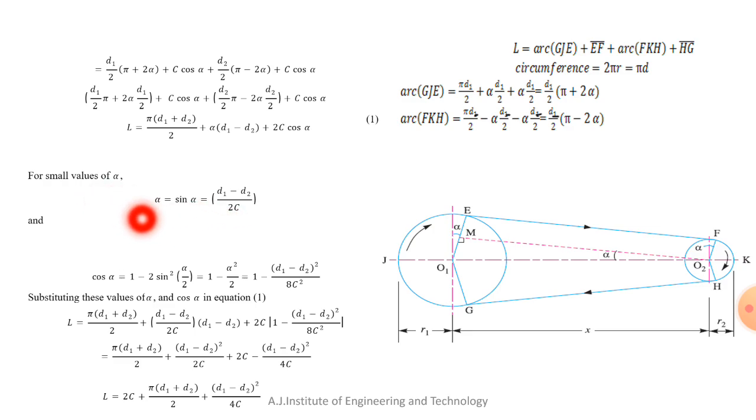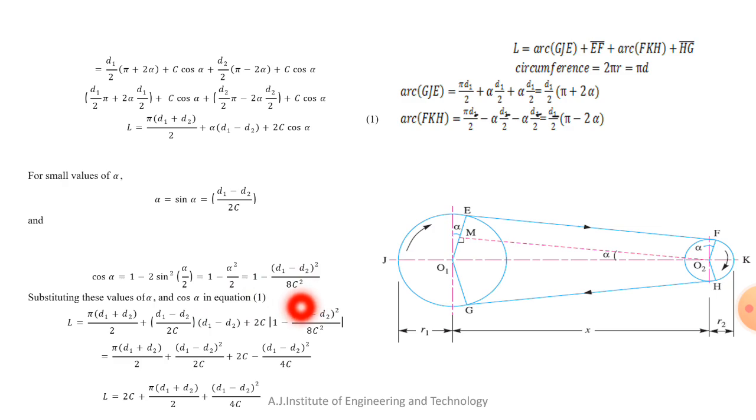For small value of alpha, you have to consider alpha as equal to sin alpha, that is d1 minus d2 divided by 2, and cos alpha equal to, according to the trigonometric function, so cos alpha is given by 1 minus 2 sin square alpha by 2. So sin square alpha is written as alpha square divided by 2, so that can be written as 1 minus d1 minus d2 whole square divided by 8c square.